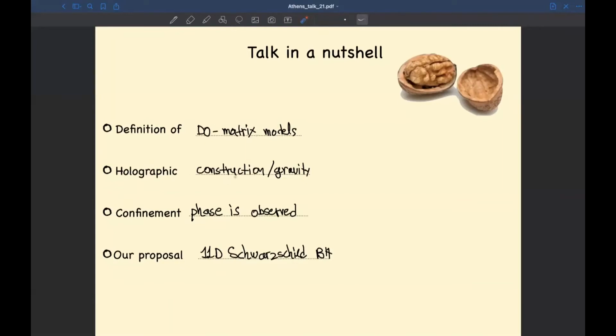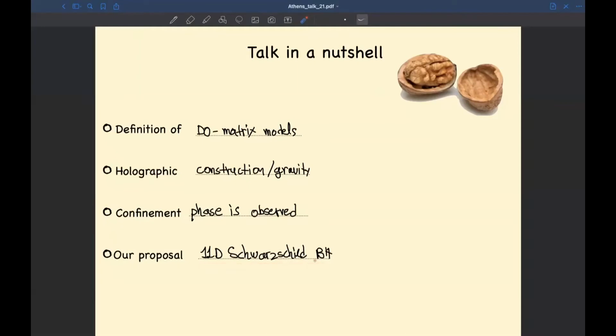After this explanation, I would like to give some results where we have observed the confinement phase in the BFSS model, and try to understand what this confined phase is. We propose that this could be related to an 11-dimensional Schwarzschild black hole.